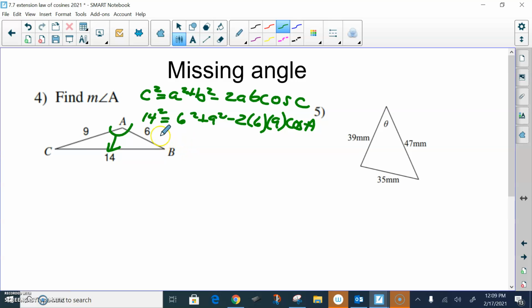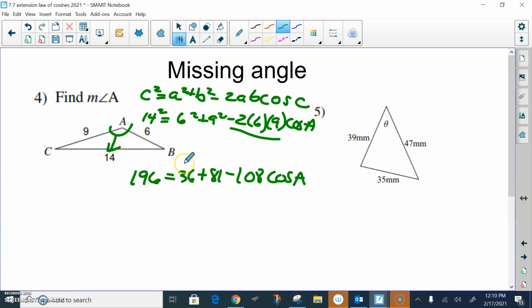Okay, here's where it gets a little tricky. This time our unknown is mixed up in this big jumbled mess. First thing I want is 14 squared, so that's 196, equals 36 plus 81 minus, I'm going to go ahead and multiply those three things together: 2 times 6 times 9 gives us 108 cosine of A. Be careful.